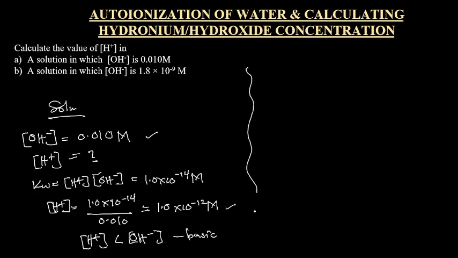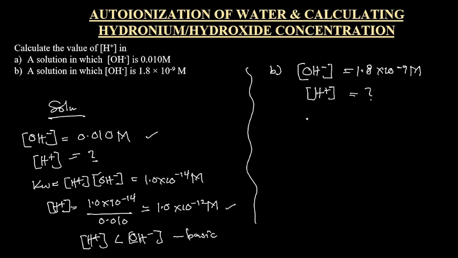Now let's consider the other one. B says that a solution in which we have OH minus concentration equal to 1.8 times 10 exponent minus 9 molar. We are supposed to find the H plus concentration. You can pause the video and try this for yourself.